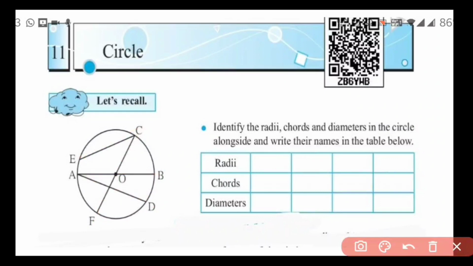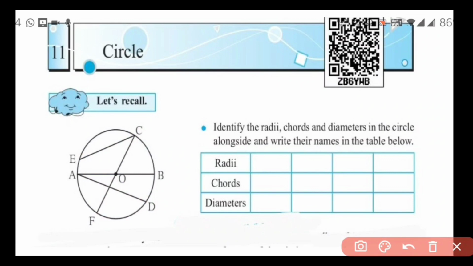Then let us see the third one, the diameter. Now see children, a diameter is also a chord of the circle, but this chord passes through the center of the circle. That is very important. All the other chords do not have to pass through the center, but a diameter is such a type of chord which passes through the center of the circle.